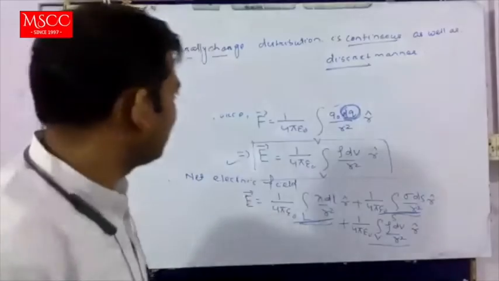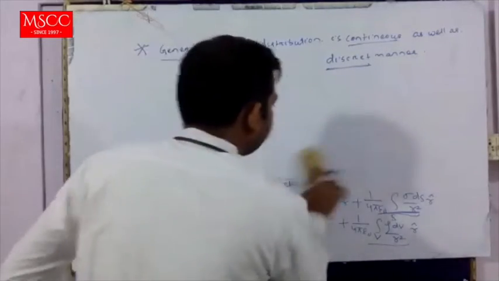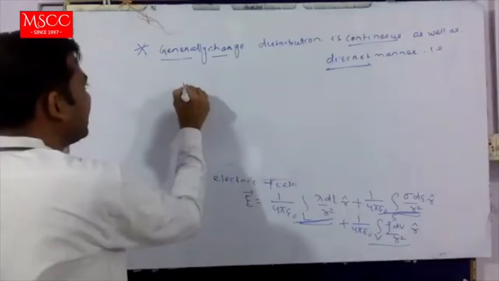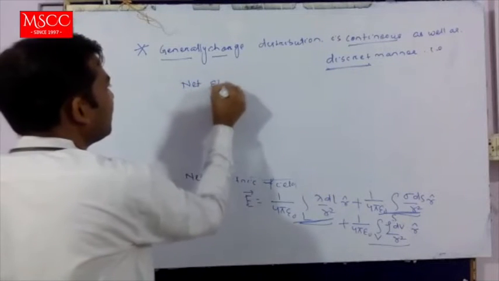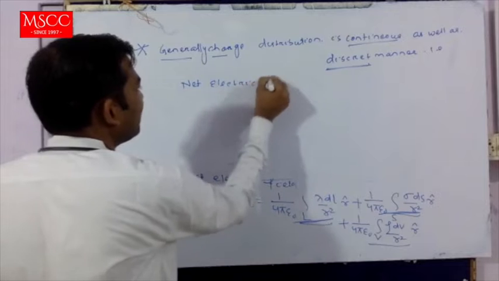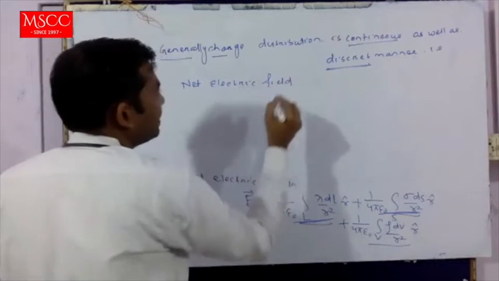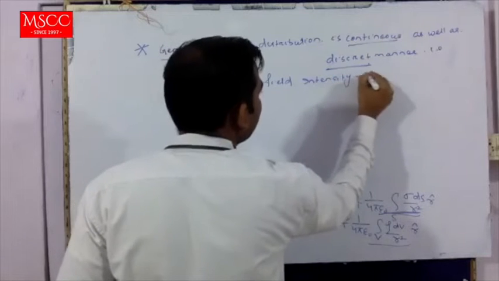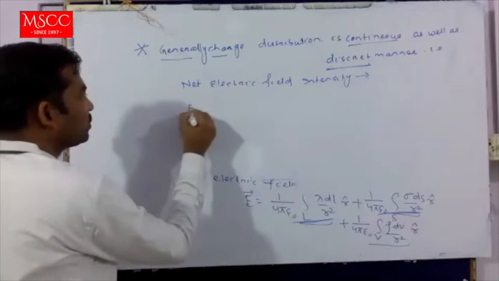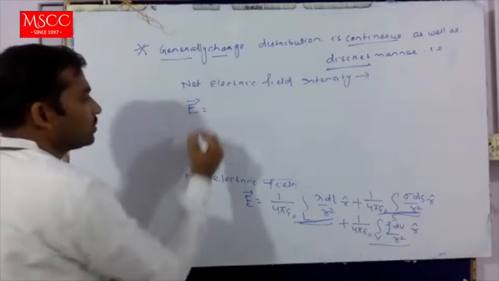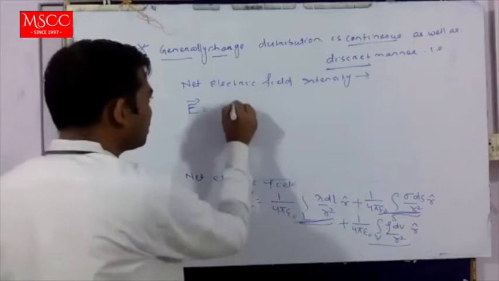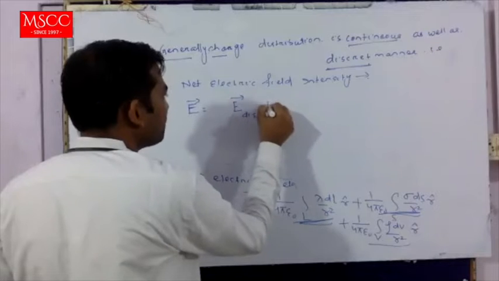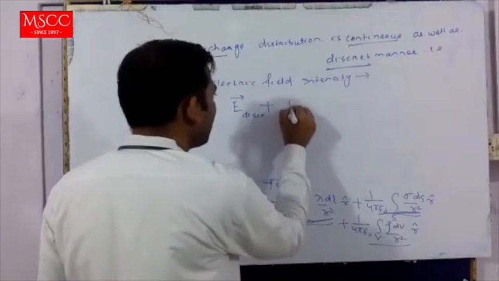How can I write? That is, net electric field intensity equals E discrete manner plus E continuous manner.